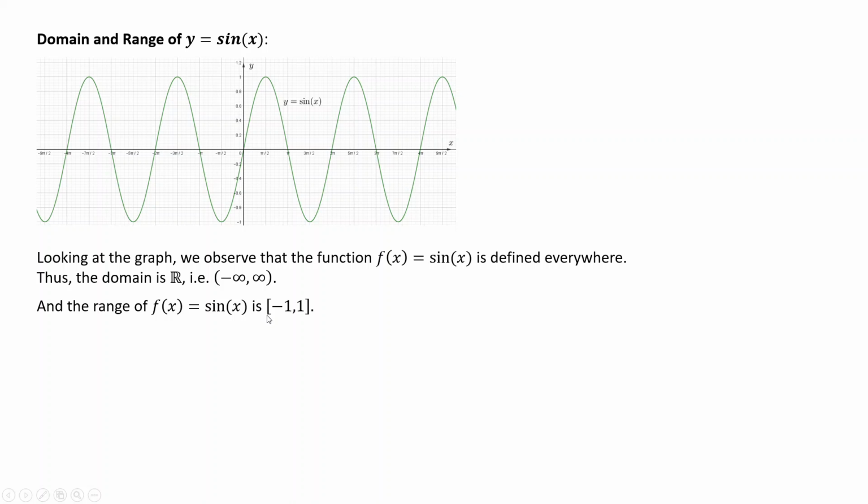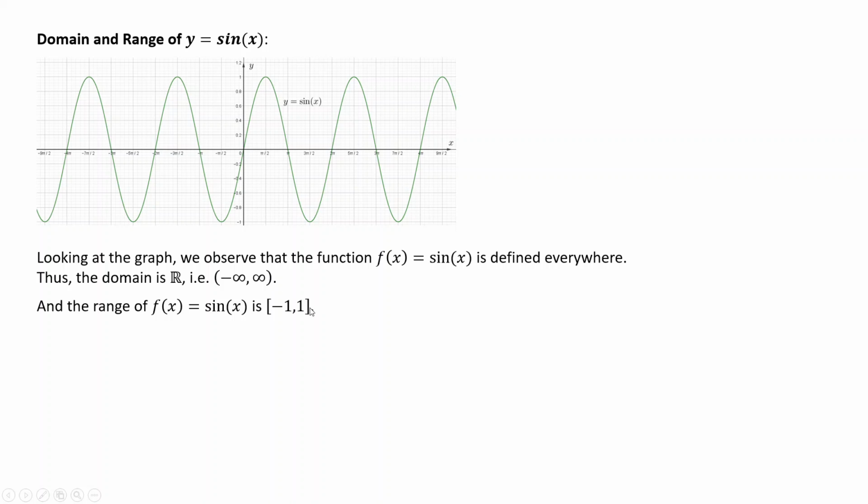The square brackets tell you that the endpoints are included. Had we made this into a parenthesis, like how we made parentheses for -infinity to infinity, it tells you that -infinity itself is not included and infinity itself is not included.